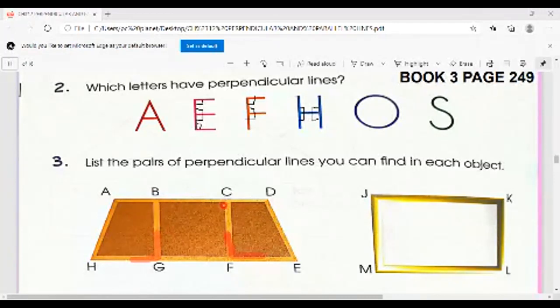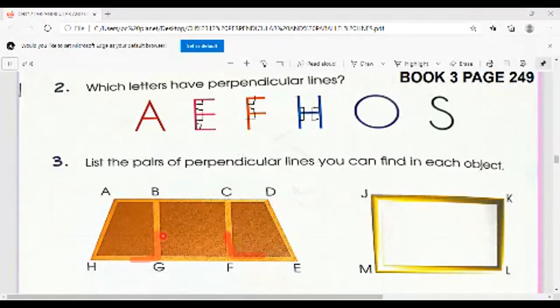In this square, if you look at it by putting your scale on it, you will find that there are four more perpendicular lines in it. But I will just solve only 2 and 3 for you, otherwise it will be a long list. I'm picking up my blue color to highlight the part for you.